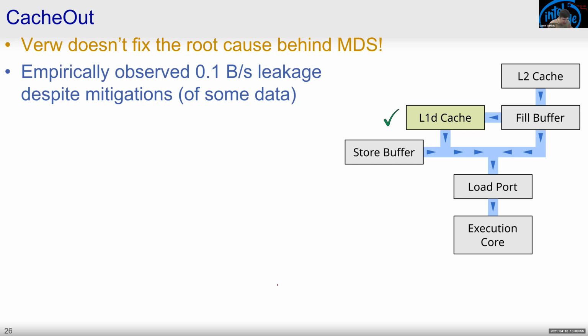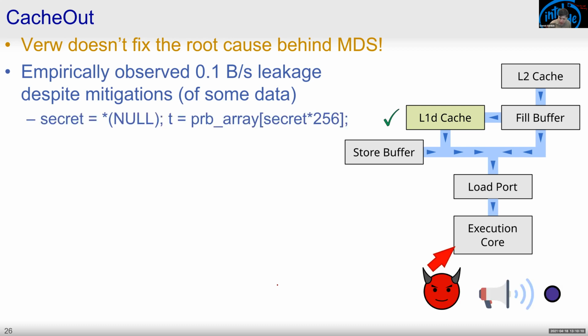It basically means that there is some data that was statistically significant, but it's not clear what we are leaking. We literally had no idea, besides the fact that statistically it's there. We were sitting there issuing faulty loads, dereferencing a null pointer, and getting a copy of what? I didn't know what. We had no idea.